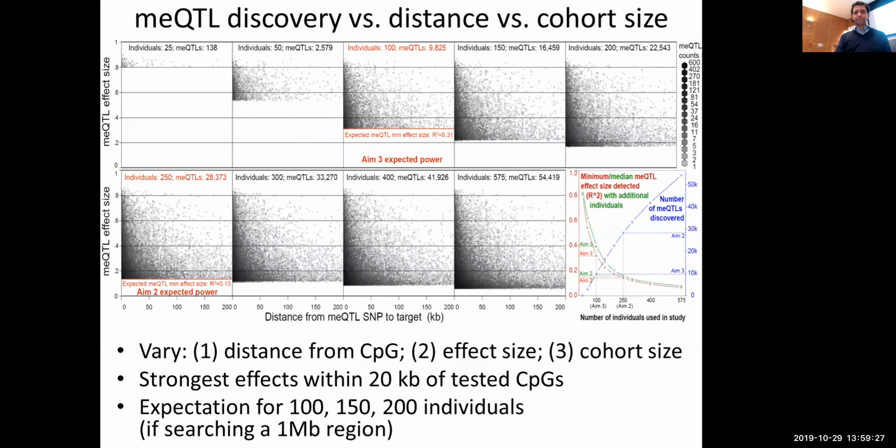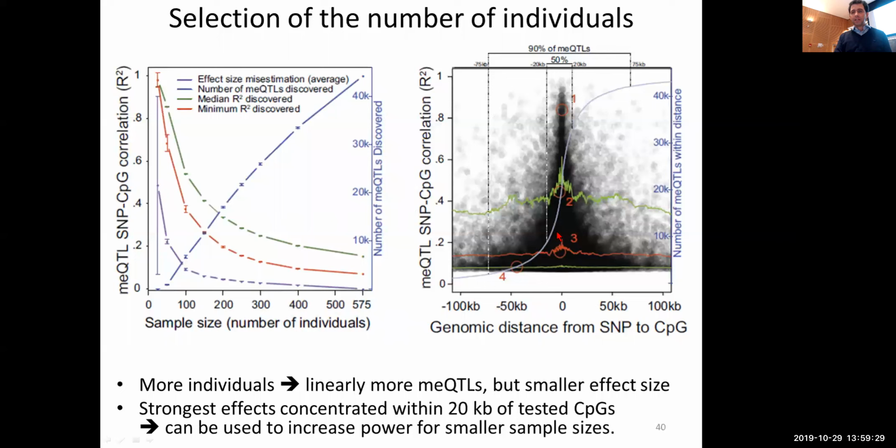So I can say, exactly on the probe, what fraction of my SNPs that are QTLs for that probe are located, and at 50 kb, what fraction are located there, and so on. What you can see here is that 90% of your methylation QTLs fall within 75 kb, 75,000 nucleotides.